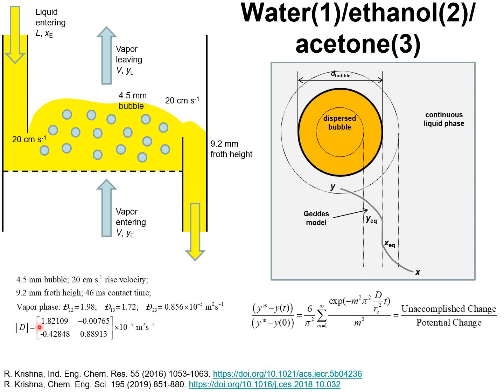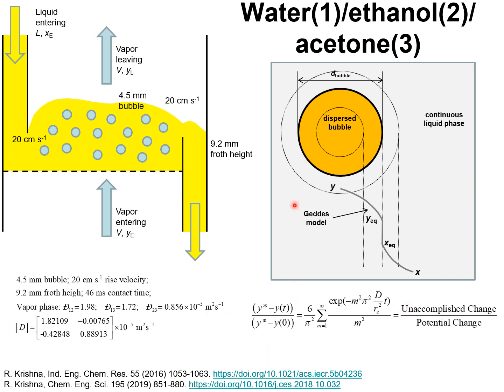Using the Maxwell-Stefan diffusion equations for ternary gas mixtures, the Geddes equation, represented here, represents the unaccomplished change divided by the potential change. Indeed, the Murphree efficiency is 1 minus this quantity.